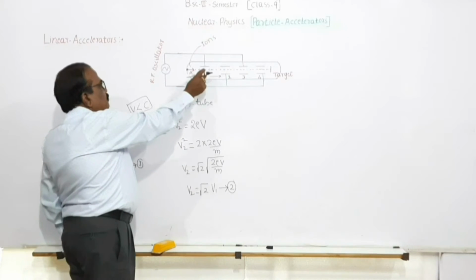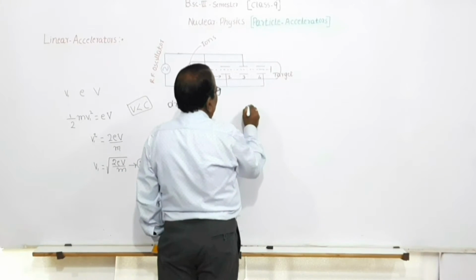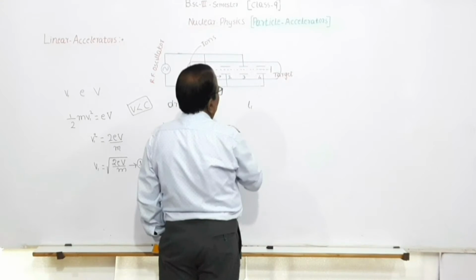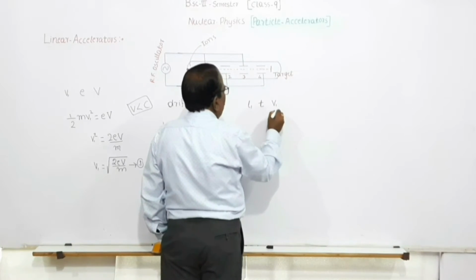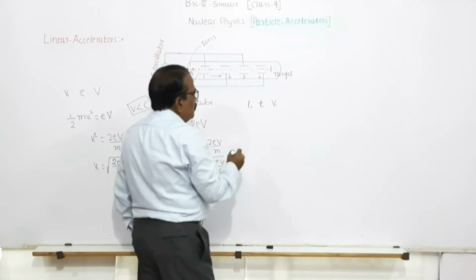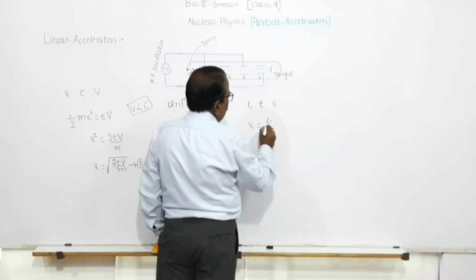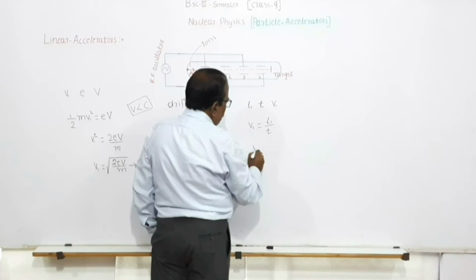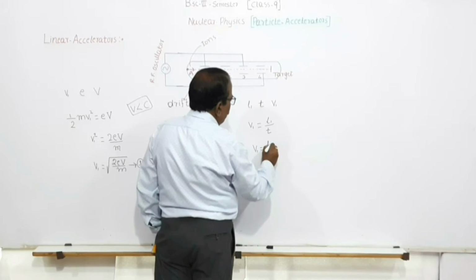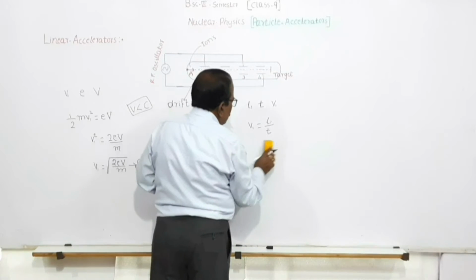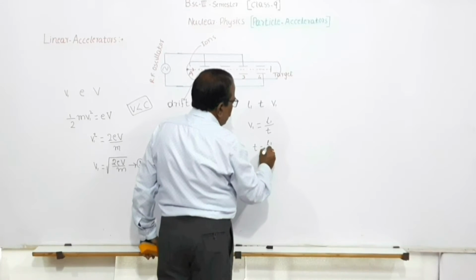Then what is the length of this drift tube? We know that if L1 is the distance traveled in time t, where velocity is v1, we know that velocity is equal to distance upon time, or v1 is equal to L1 upon T, or T is equal to L1 by v1.